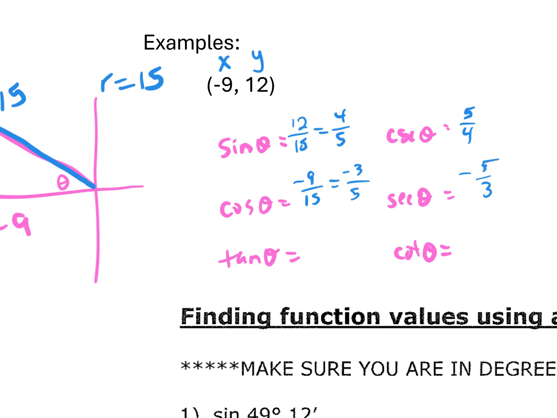That's messy. Okay, Talia, tangent ratio is? Y over x, so what are those two values? 12 over negative 9. There you go. Let's reduce. Divide by 3, so 4 over negative 3, so negative 4/3.